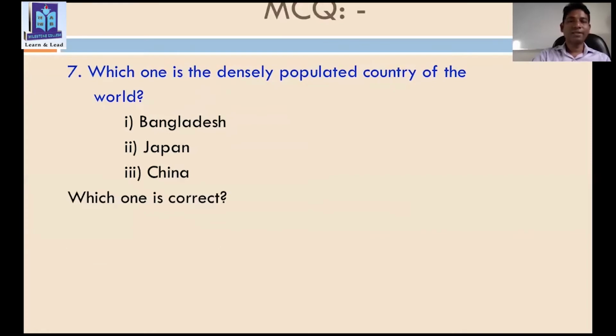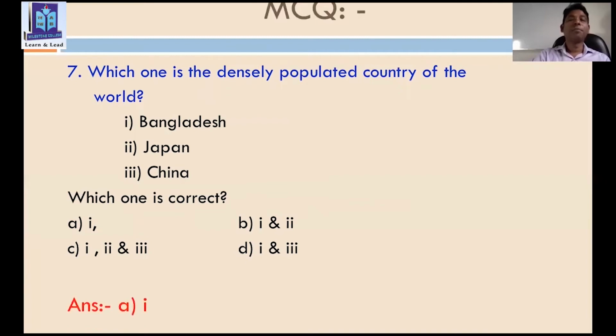Which one is correct? Okay. A is correct, B, C, or D? Okay, answer is A. Bangladesh is the most densely populated country of the world.